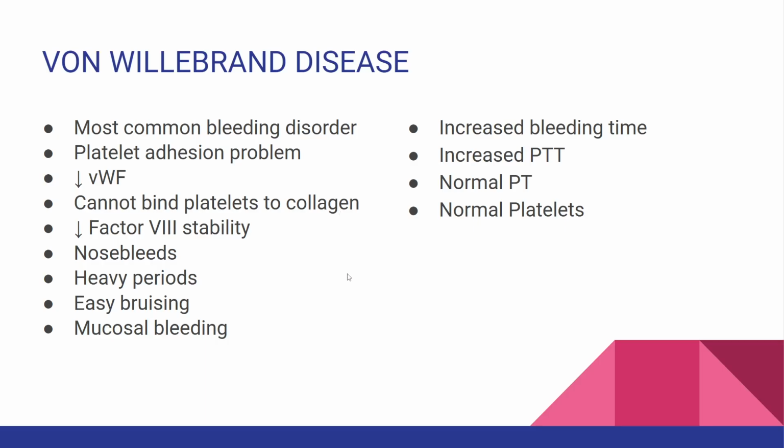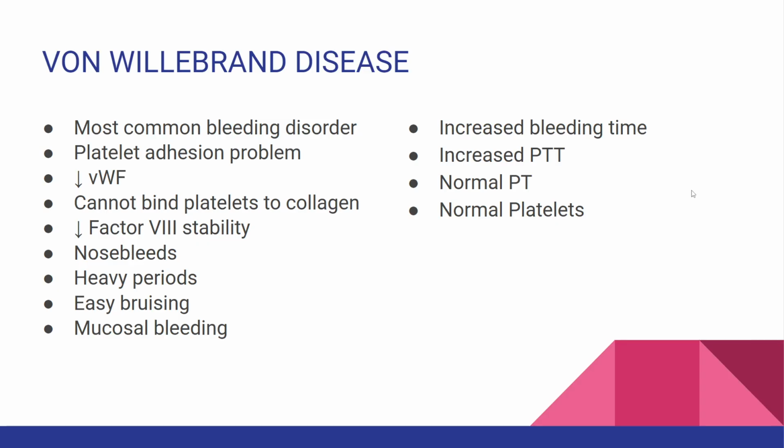I know there's a lot of information, but it's not too bad. I just want to start off by saying that this disease is autosomal dominant, and von Willebrand factor usually bridges glycoprotein Ib on platelets to the vascular endothelium or the underlying collagen. So it does platelet adhesion, not aggregation, but adhesion.